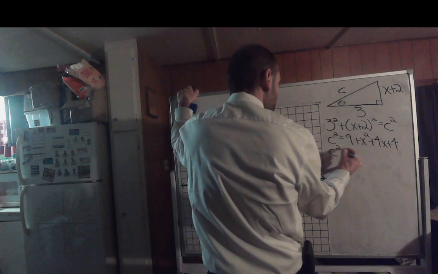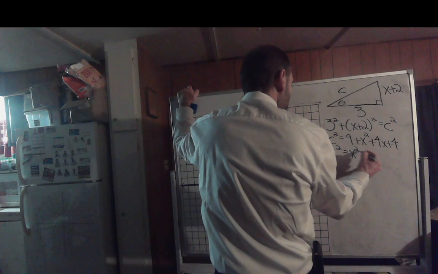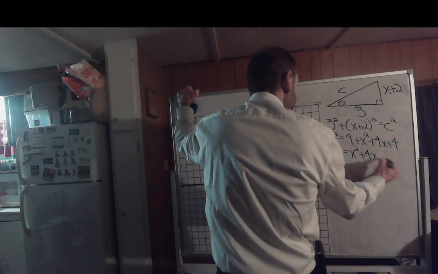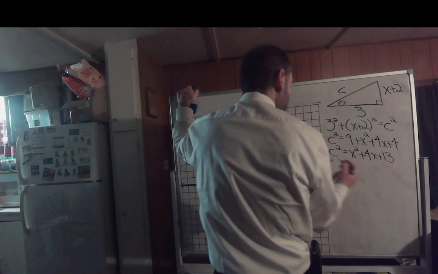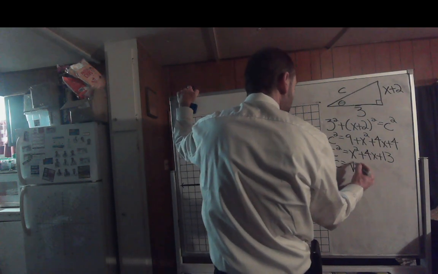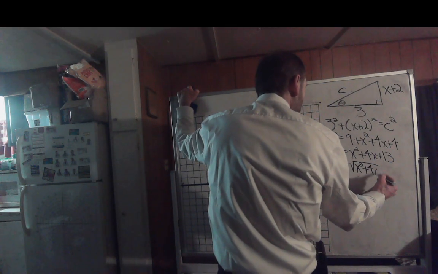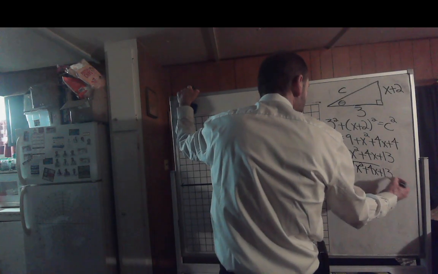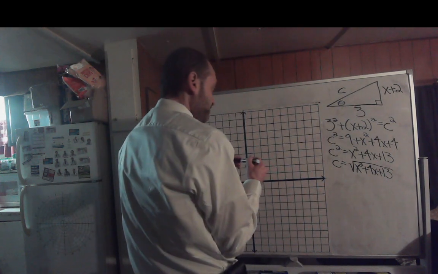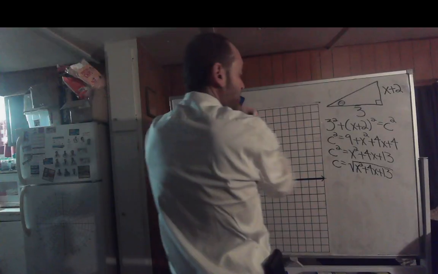So C squared equals x squared plus 4x plus 13. So that means that C, the hypotenuse, equals the square root of x squared plus 4x plus 13. So that's another nasty looking one. So the hypotenuse has a length of the square root of x squared plus 4x plus 13.